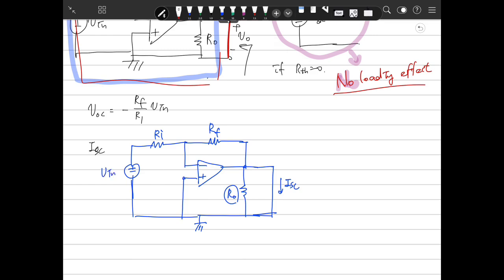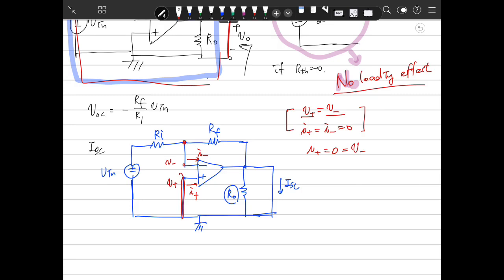Then based on this op-amp, this is V positive, V negative, with currents I negative and I positive. V positive equals V negative, and I positive equals I negative, which is 0. Then based on this node, we know that the positive input is ground, 0.